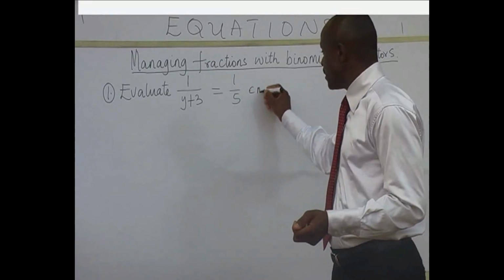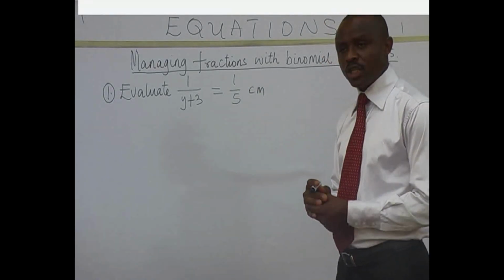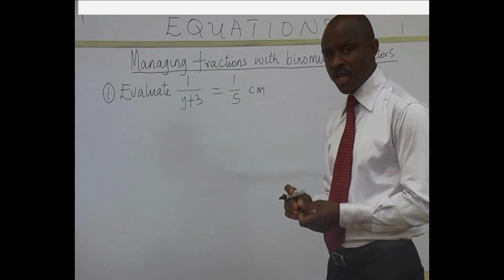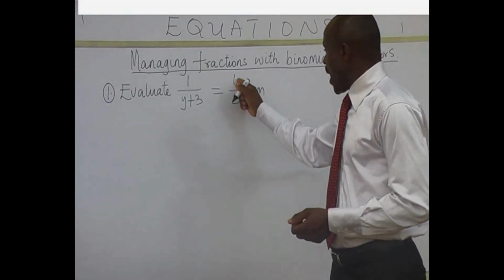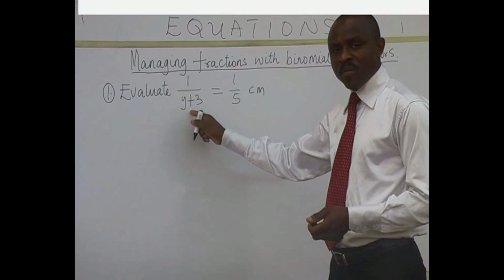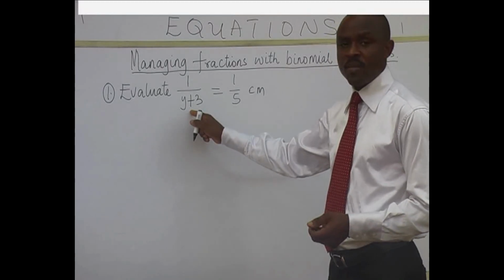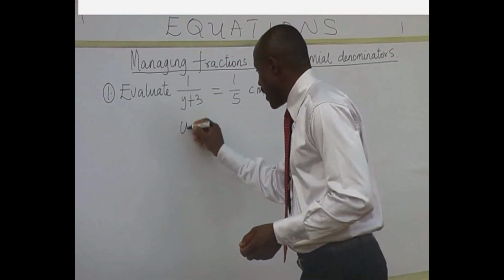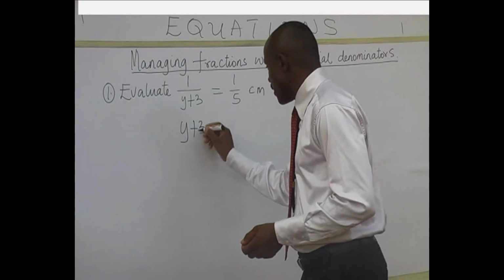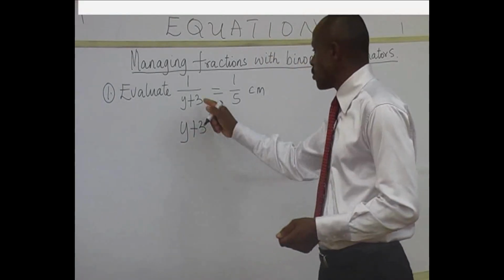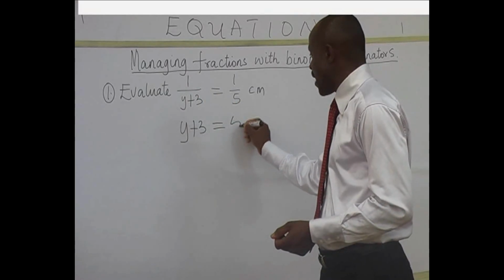Remember our CM, the short form for cross multiplication. 1 times all the things in the denominator will give you all the things in the denominator, which is y plus 3. And this is equal to 1 times 5, which gives you 5.